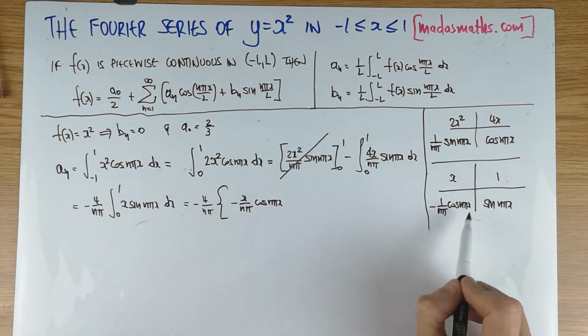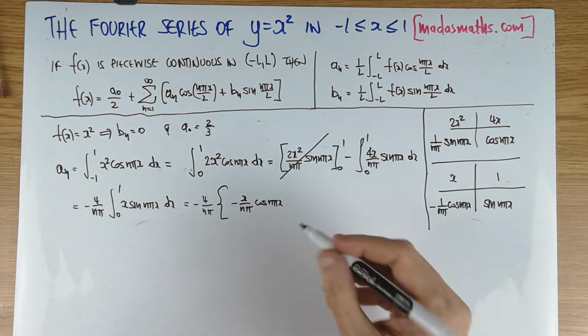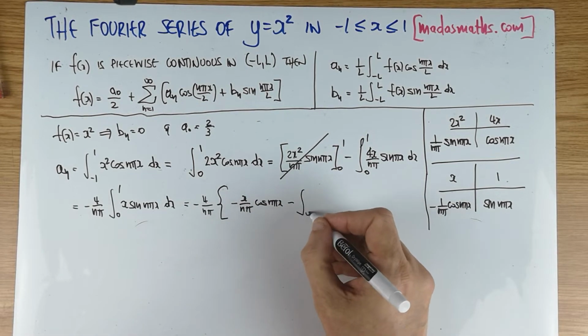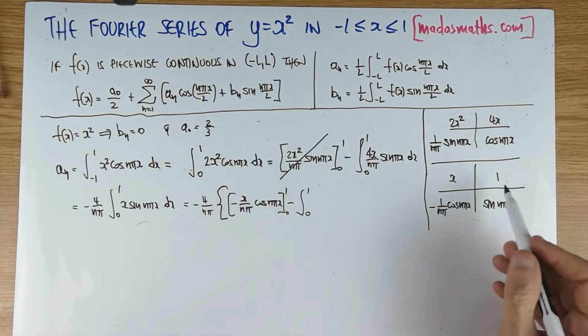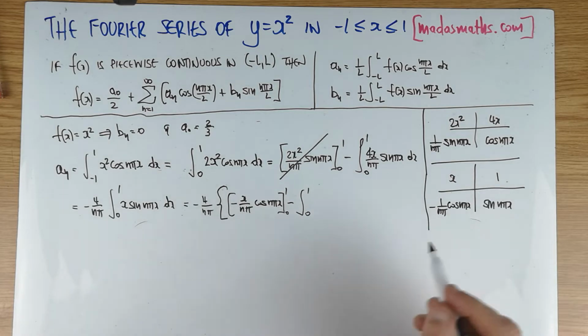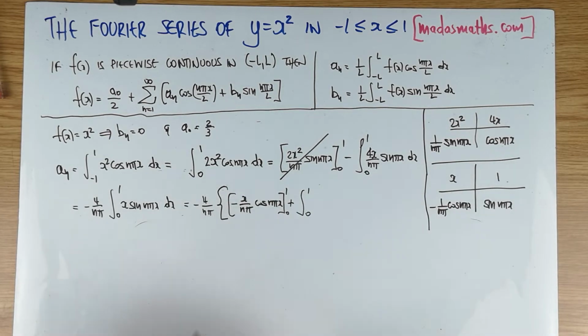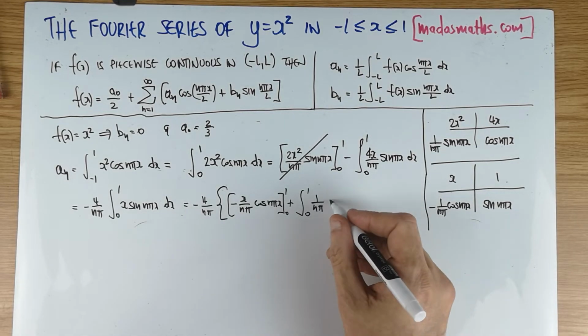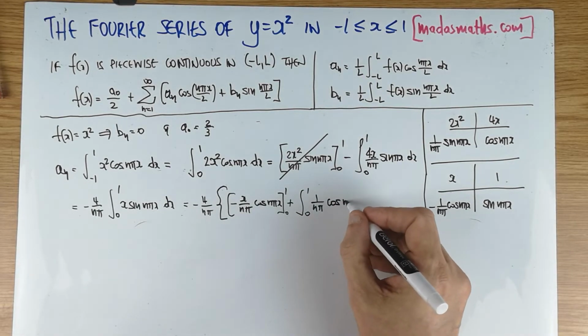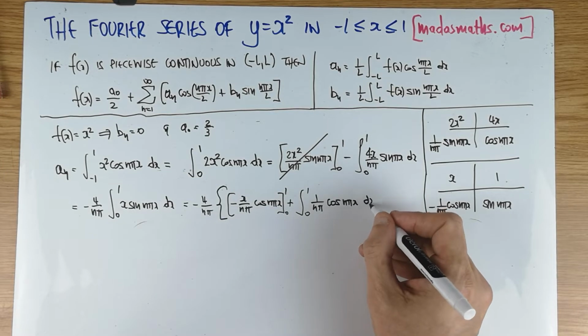So that's the product of that, and then it's minus the integral, and of course this is to be evaluated between 0 and 1, minus the integral of the product of this diagonal, and of course that has a minus already, so I'm going to switch that into a plus, 1 over n pi cos of n pi x dx.